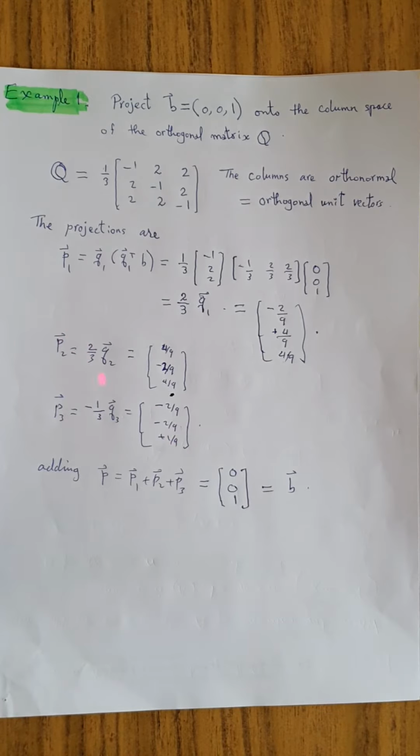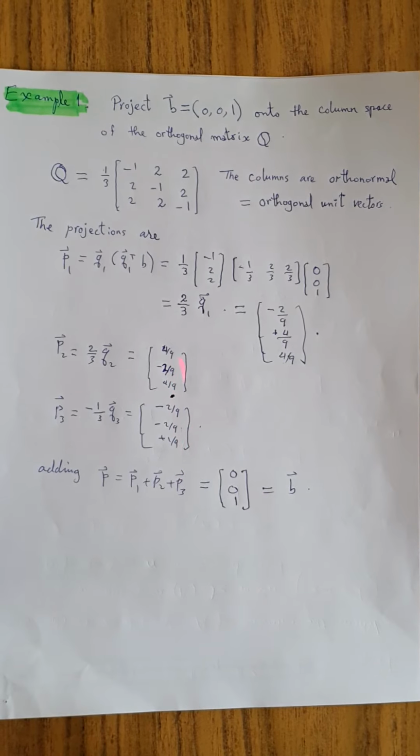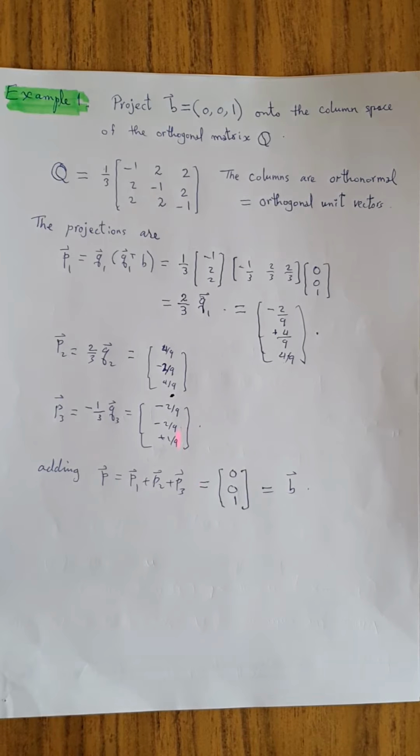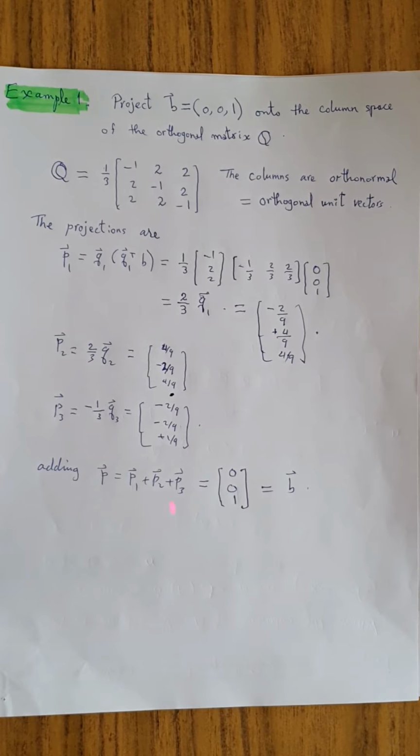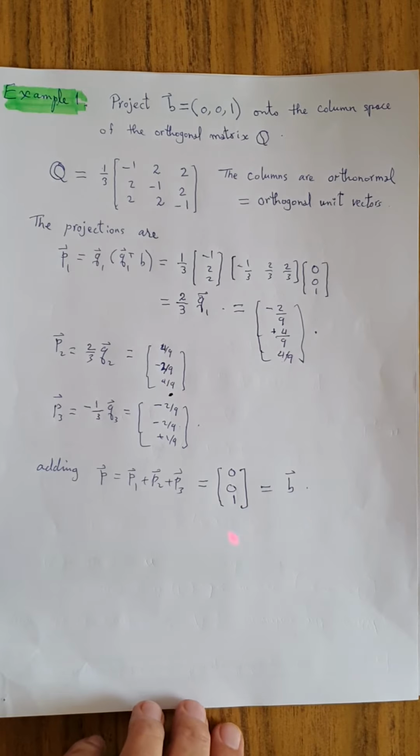The same is for Q2, okay, and for Q3, projections on Q1, Q2, and Q3. If we add the three projections, p1 plus p2 plus p3, we come up with the vector b again.